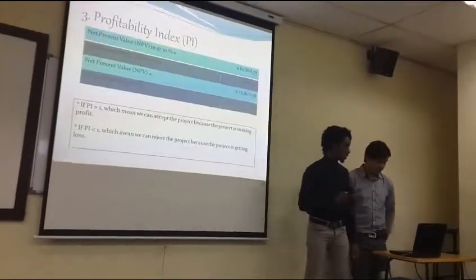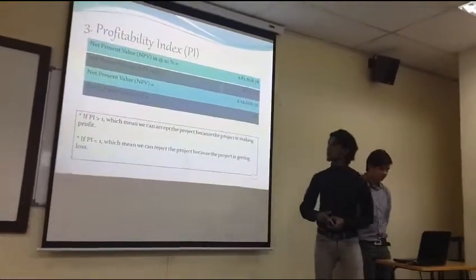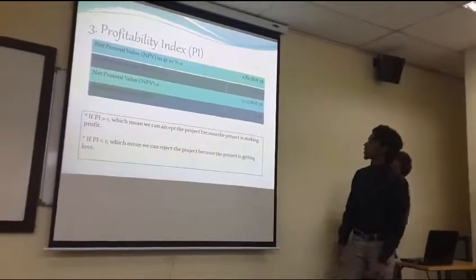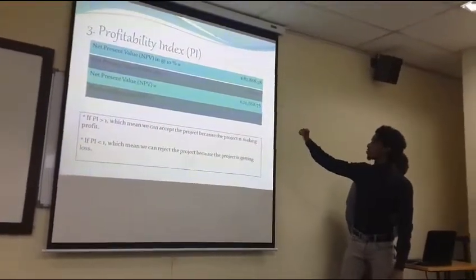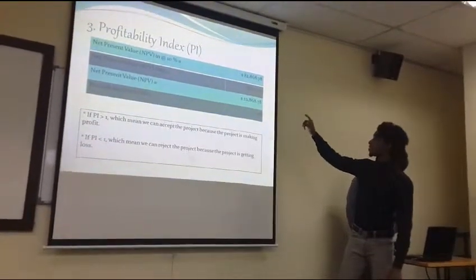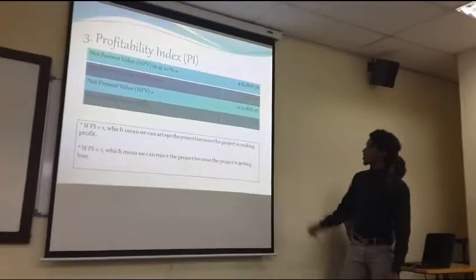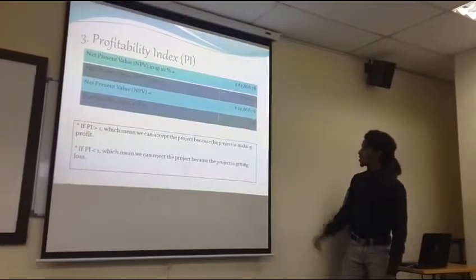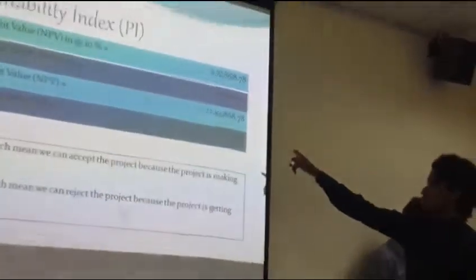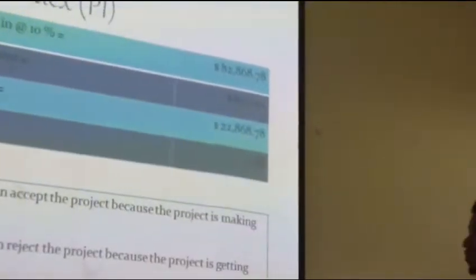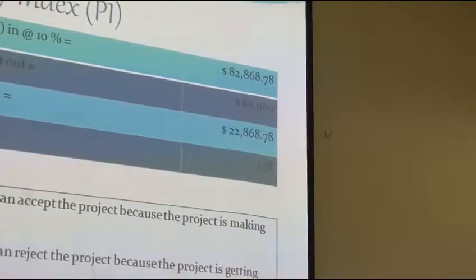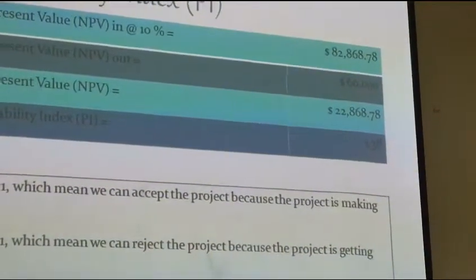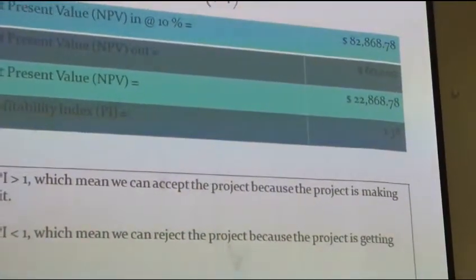So the last one is the profitability index. As you see, guys, the net profit result is going to be 82,868.7, and the net present value is 22,000.86.78, and definitely the index is going to be 1.318.